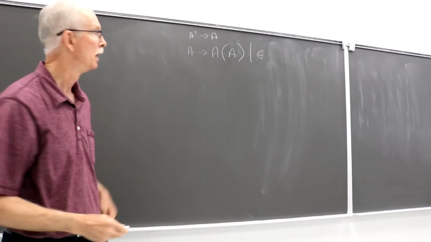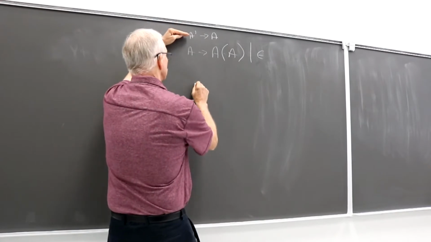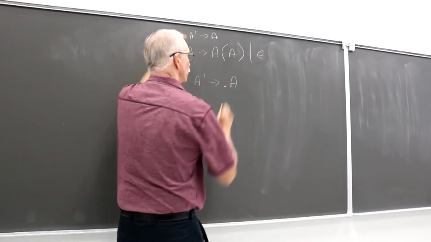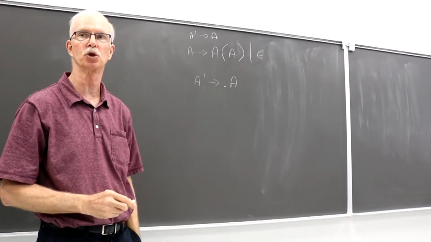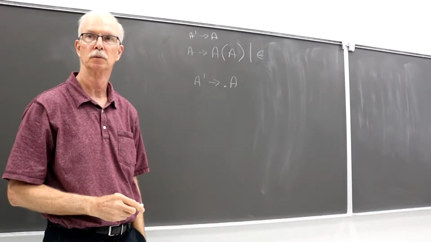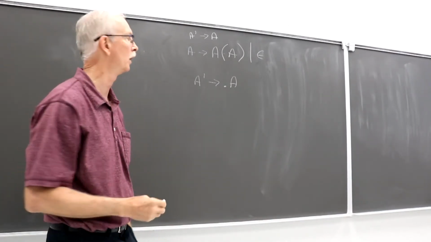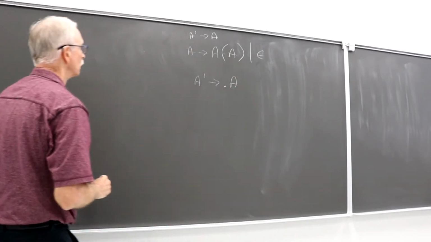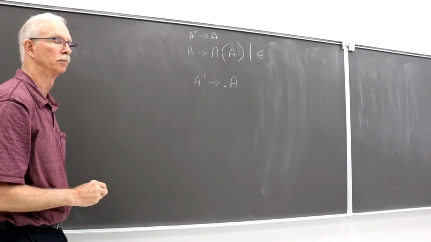Okay? So we start out with the start symbol, with the period keeping track of how much we've seen so far. And of course, we've seen none so far. Period in front of the A says write A's rules.